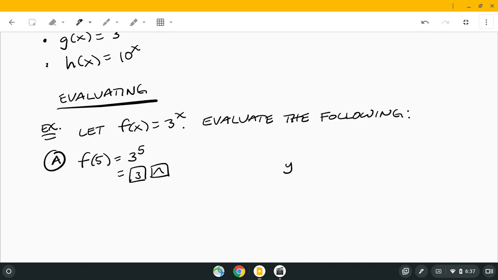Most modern calculators have this one over here. Make sure you are able to punch this into your calculator, and your answer equals 243.